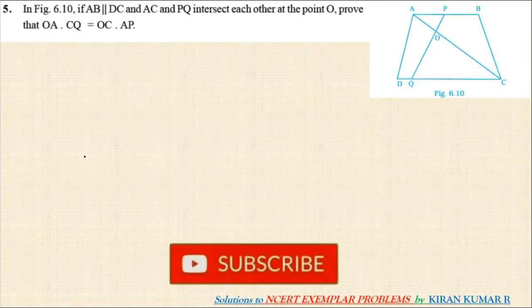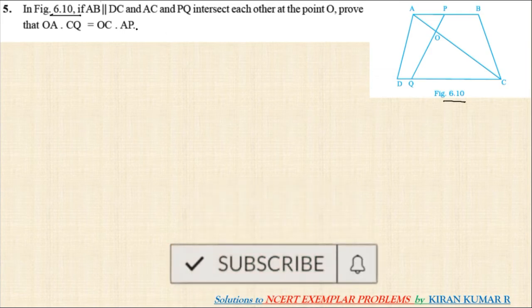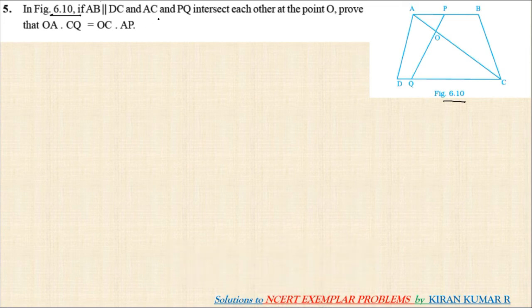Question number 5. In the figure 6.10, AB is parallel to DC. So it's a trapezium. PQ intersects AC at point O. Prove that the product OC into AP equal to OA into CQ.